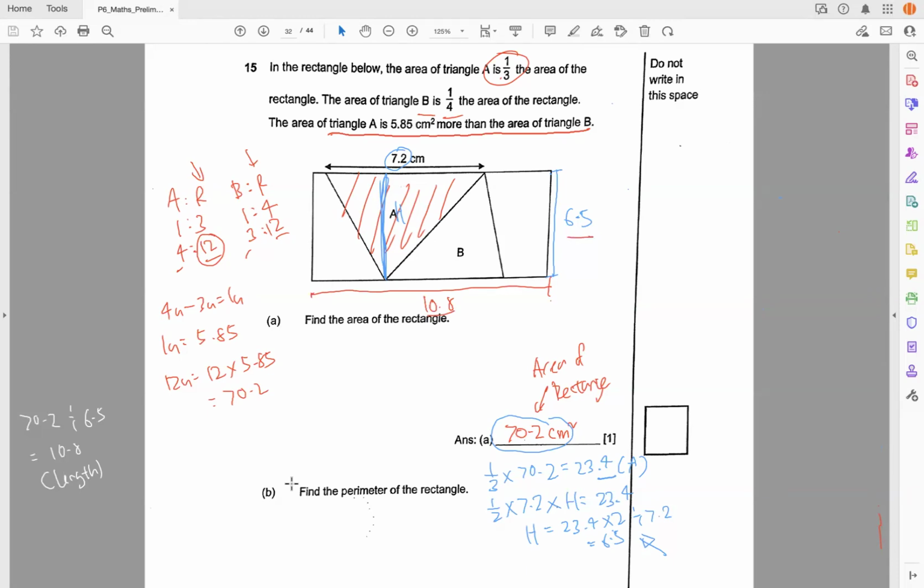I can find the perimeter. So perimeter will be 2 length plus 2 breadth. And the answer is 34.6 centimeters. Any question?